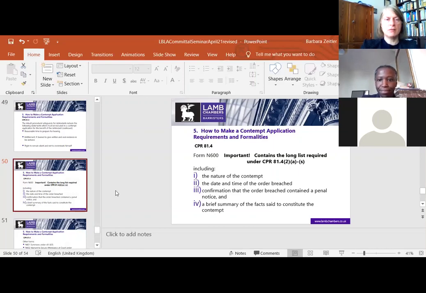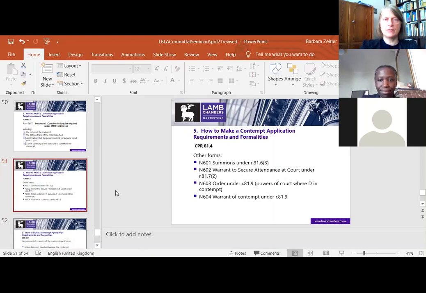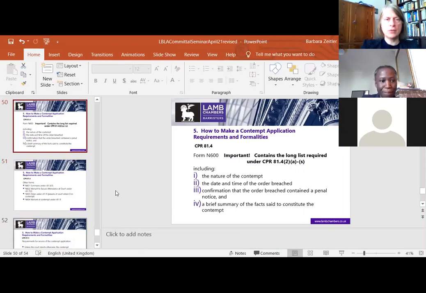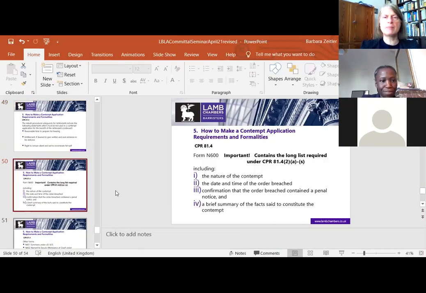Right. So at this point, I'm already talking about other forms, but I actually want to take you through, sorry, I skipped a slide. Form N600, and I'm just about to show you on the screen Form N600.